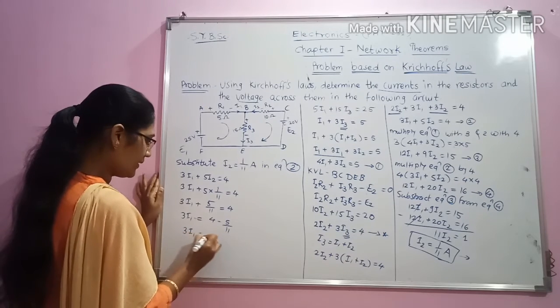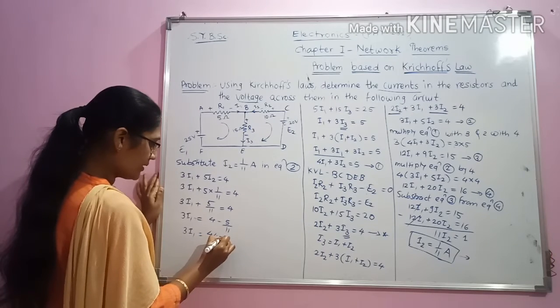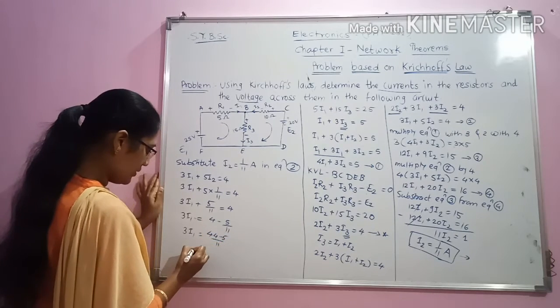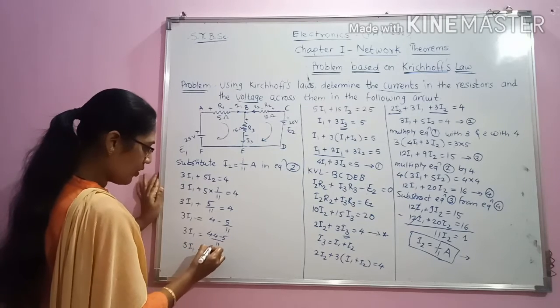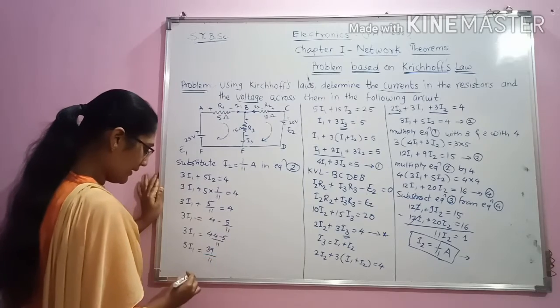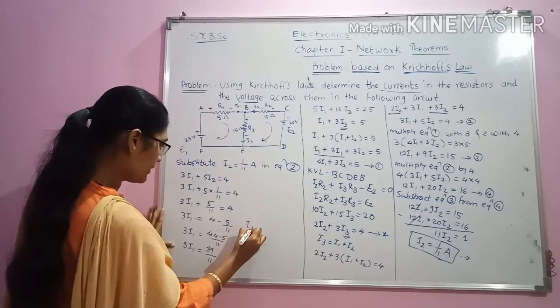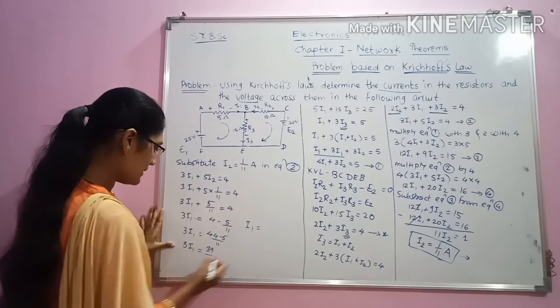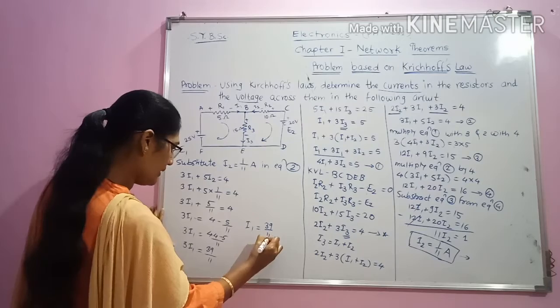So thrice of I1 is equal to 11 fours are 44 minus 5 upon 11. So its value is thrice of I1 is equal to 44 minus 5, 39 upon 11, and our I1 comes out as, shift this 3, 39 upon 11.